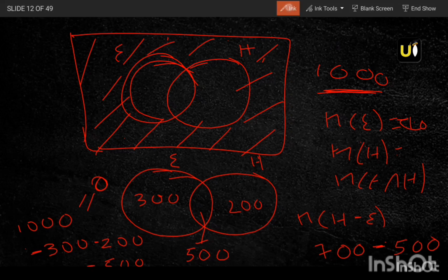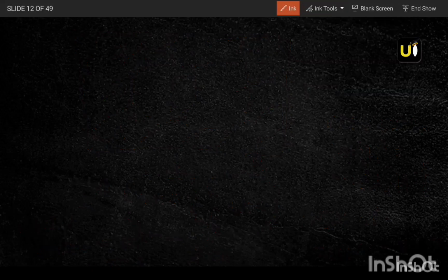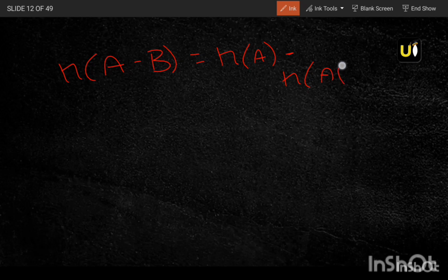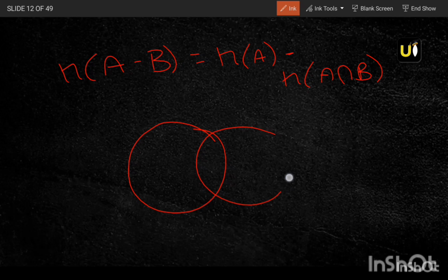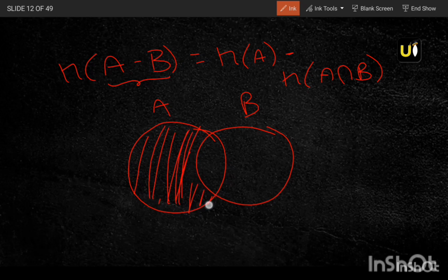So now from this problem we have learnt a new formula: n of A minus B is equal to n of A minus n of A intersection B. So let us once again understand through a Venn diagram. This is set A and this is set B. As we have seen in the definition, A minus B means the elements only in set A but not in B. So this shaded region is what we want.